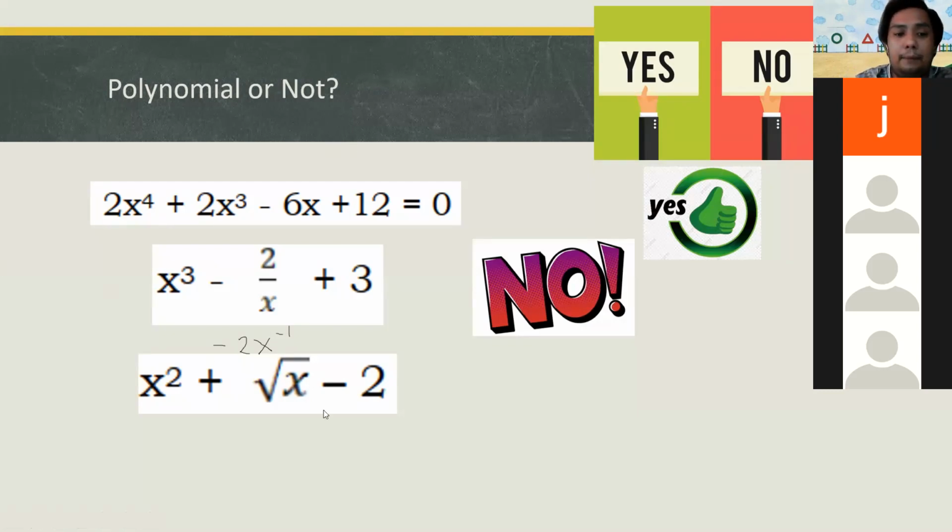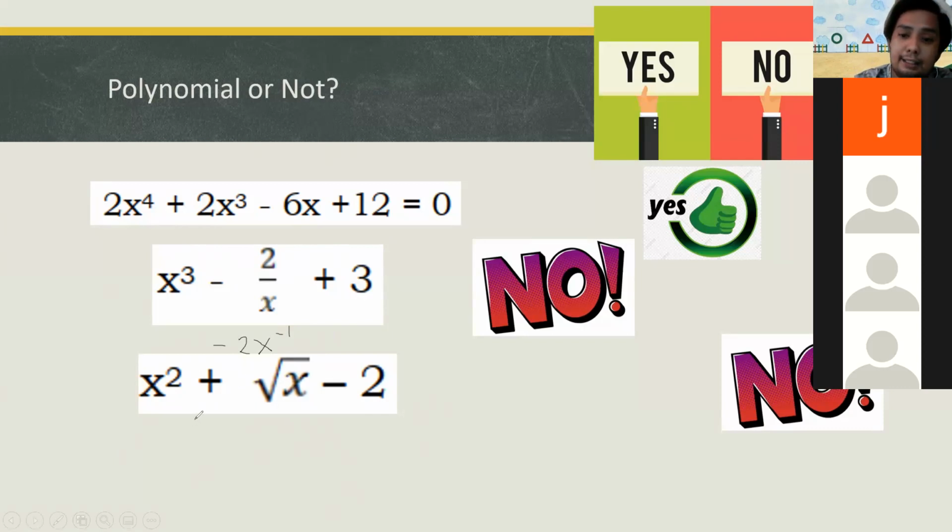So balikan ko lang. Ito number 2 is what we call, hindi siya polynomial, kundi rational expression. Pangatlo naman, x squared plus the square root of x minus 2 is not a polynomial. That is correct. Kasi meron siyang x sa loob ng radical sign. This is what we call radical expression. Pero paano po siya naging against sa rule ng polynomial? Kasi pag isinulat natin to, that is x squared plus x raised to 1/2.